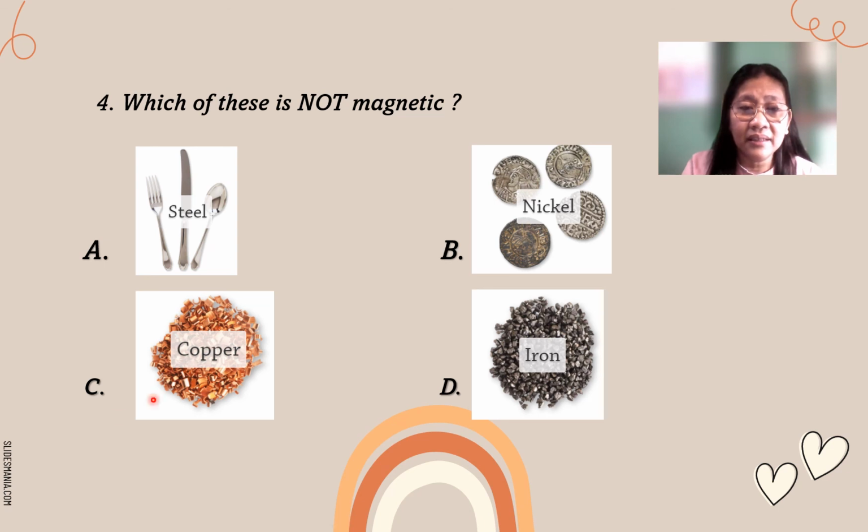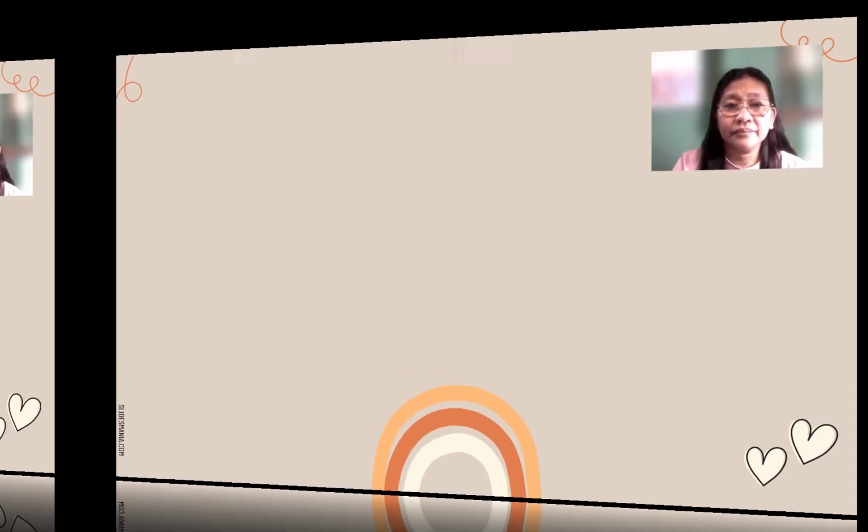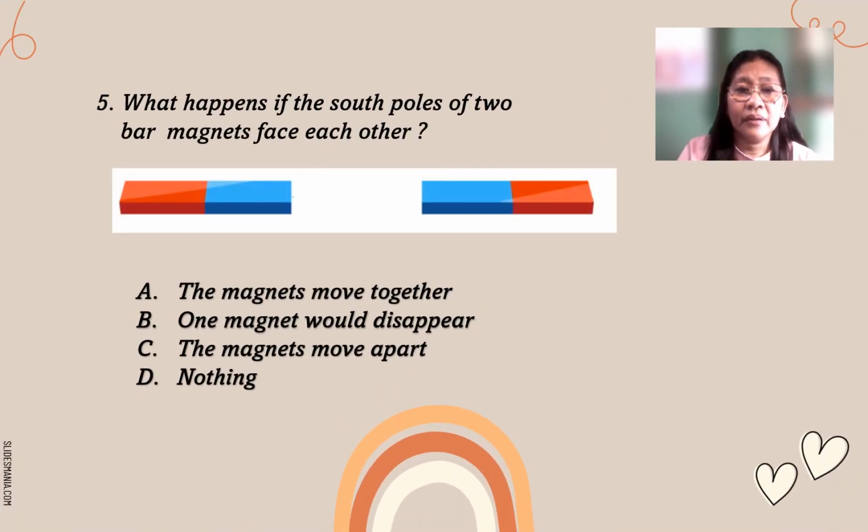A, steel, C, copper, B, nickel, D, iron. Question number 5: what happens if the south poles of two bar magnets face each other?